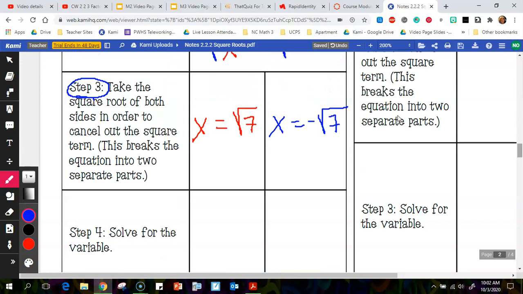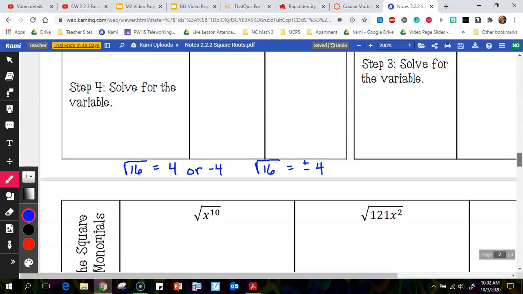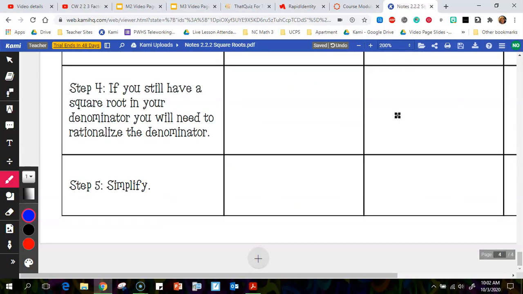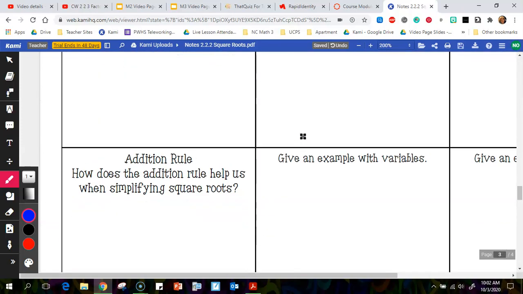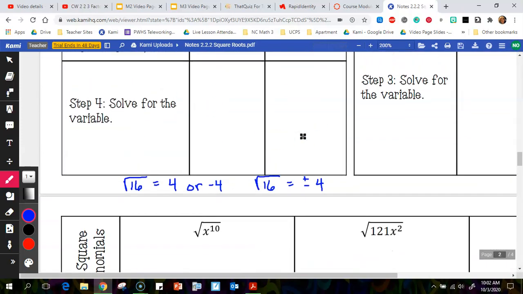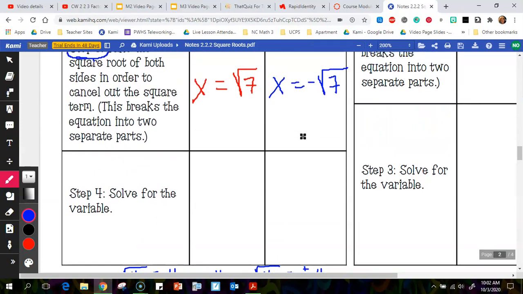And then my step 4 says approximate this into a decimal, which you can do. You can put in your calculator square root of 7. You can approximate it, but I would prefer that you leave it as a square root.